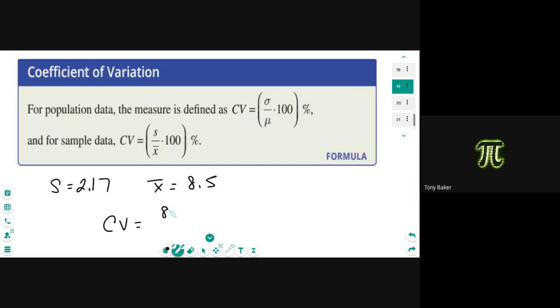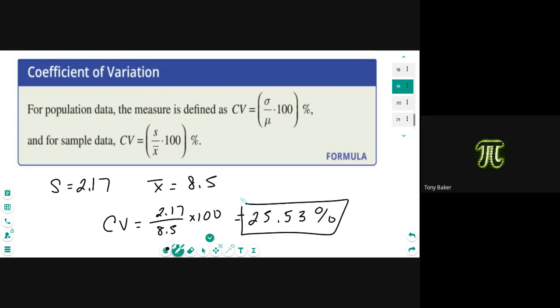So it's 2.17 divided by 8.5 times 100. And this formula is simple enough that you can do it now. And we get 25.53%. So that's my coefficient of variance.